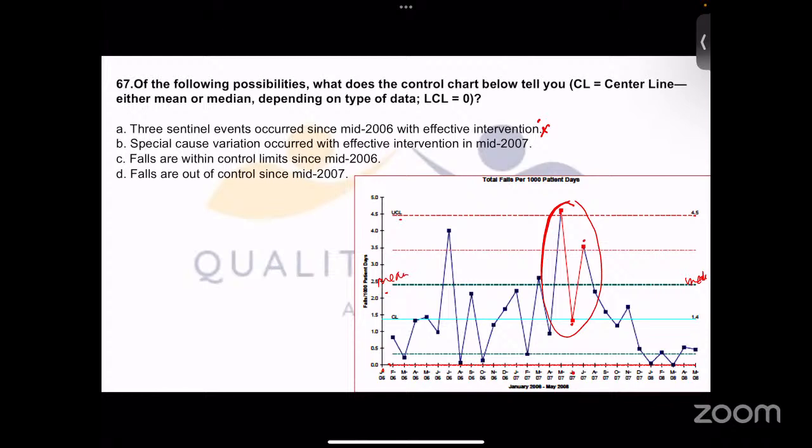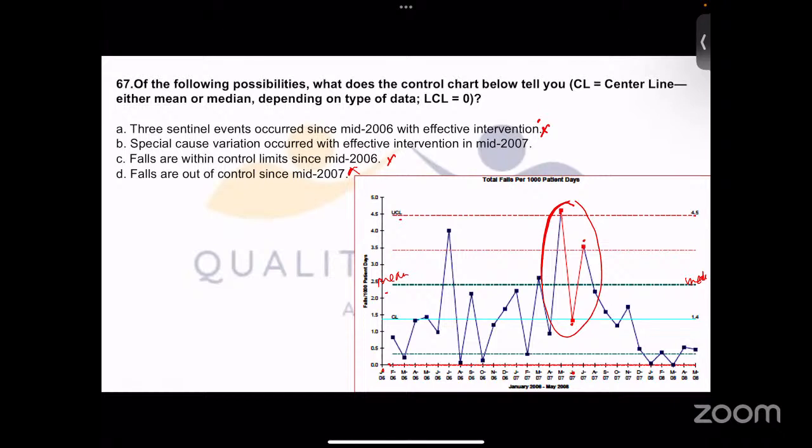Option number 3. This is also incorrect. Falls are within control limits since mid-2006, because not all patients were out of control. What about option number 4? This is also incorrect because only one major shift occurred, not a complete change.